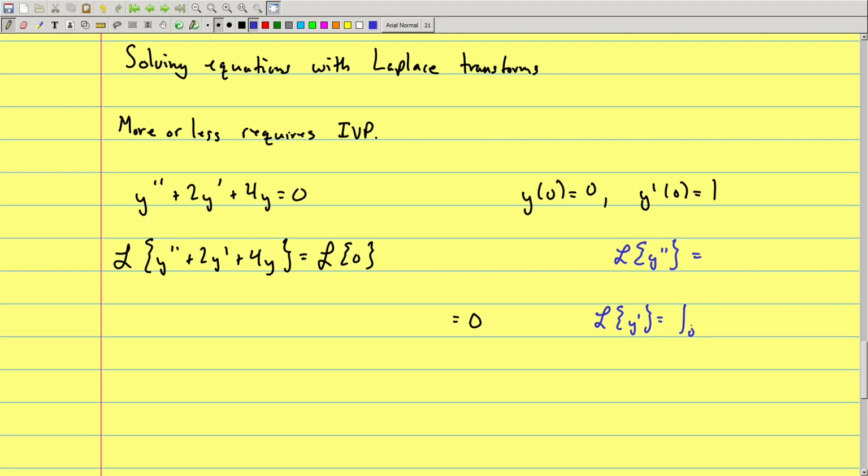By definition, we have the integral from 0 to infinity of y prime of t e to the minus st dt, just plugging in y prime for the function that we want to take the Laplace transform of.